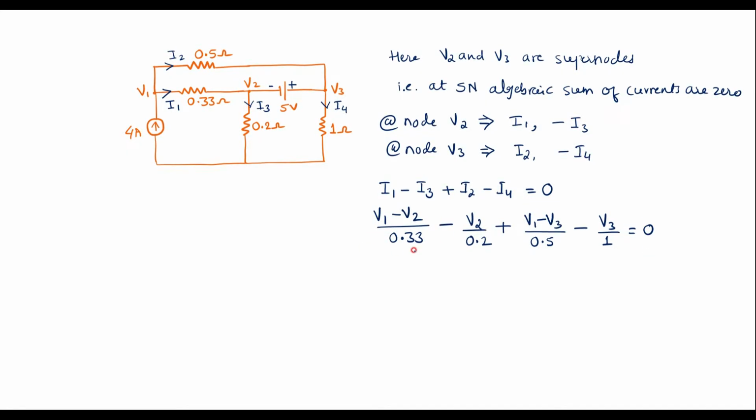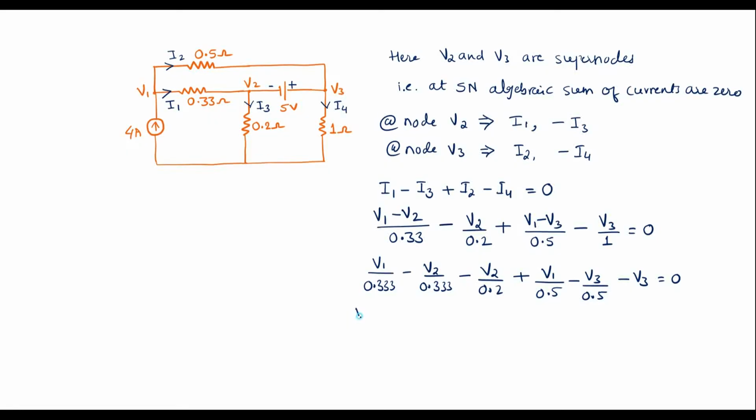Let me simplify this. I can simplify it as V1 by 0.333 minus V2 by 0.333 minus V2 by 0.2 plus V1 by 0.5 minus V3 by 0.5 minus V3 is equal to 0.